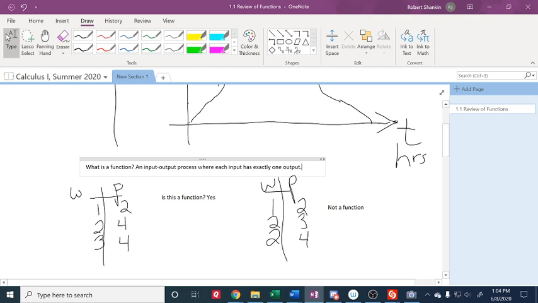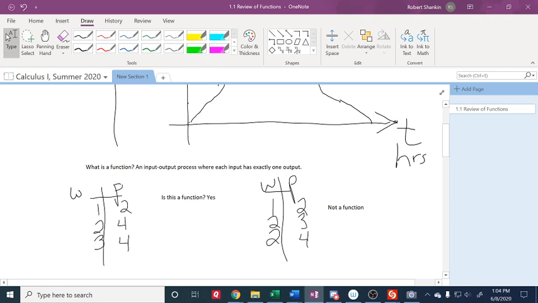And looking at this situation over here, if I have the input of 2, it only has one output, which is 4. Now the input of 3 also has the same output of 4, but that's not a problem with being a function. Each input has exactly one output. What is a problem is when one input has more than one output.